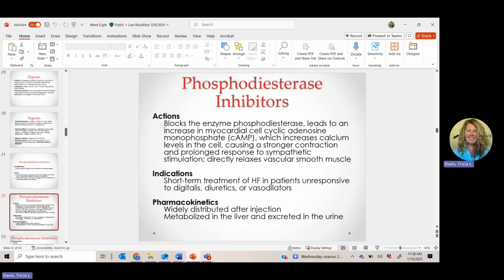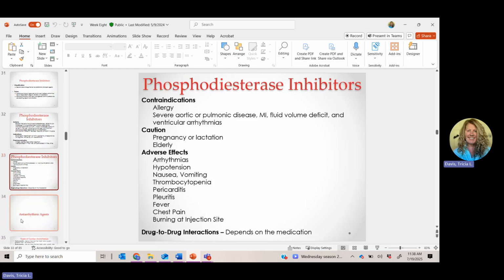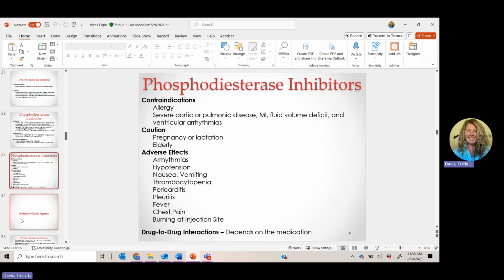So it's short-term treatment for patients in heart failure that are unresponsive to other things. You would not want to give it if they obviously have an allergy, any type of fluid deficit, or if they've had a heart attack in the past. So what are those side effects? Arrhythmias, low blood pressure, fever, chest pain.